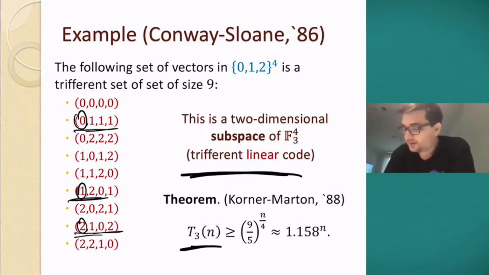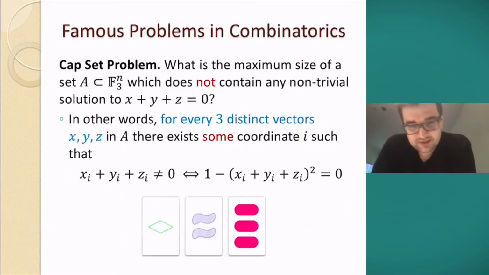Before I tell you about upper bounds, let me revisit these questions that I want to connect this problem with. So the first one is the cap set problem, which asks for the maximum size of a set A in F3 to the n which does not contain any non-trivial solution to the equation x plus y plus z equals 0. I'm assuming that most people in this room have seen this, so I'll jump quickly.